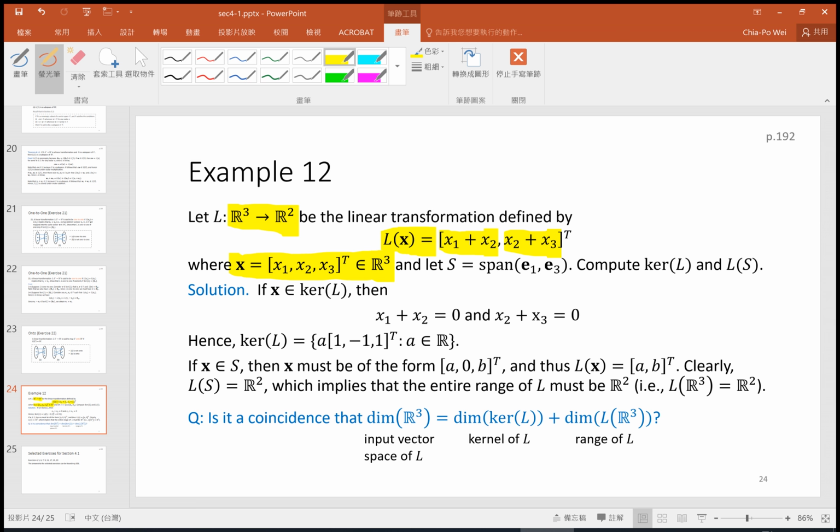Let S be the span of e1, e3. Here, e1, e3 are vectors in the standard basis of R3. Note that S is a subspace. Our goal is to compute the kernel of L and the image of S under L.